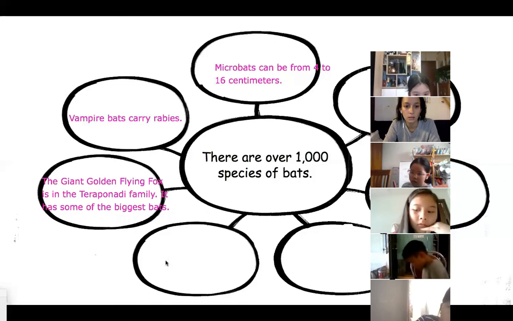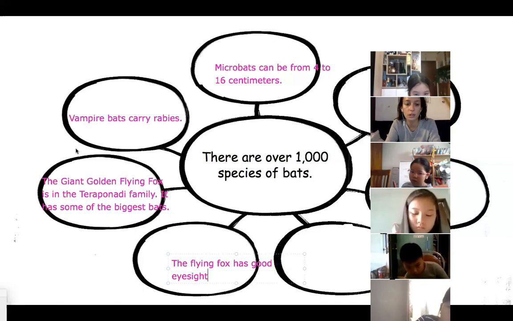Okay, so the flying fox has good eyesight. That's also a good fact about a type of bat.